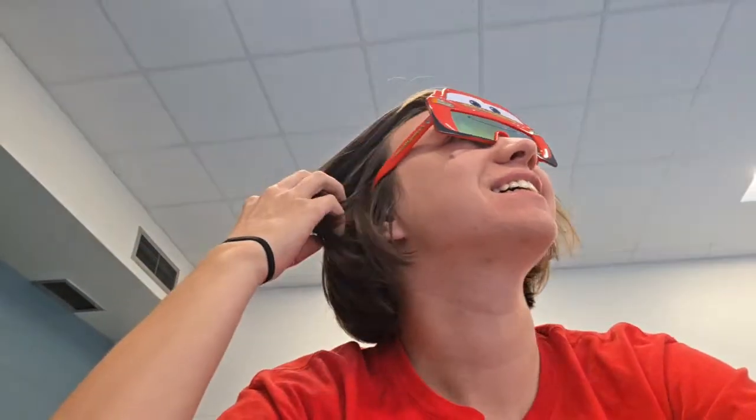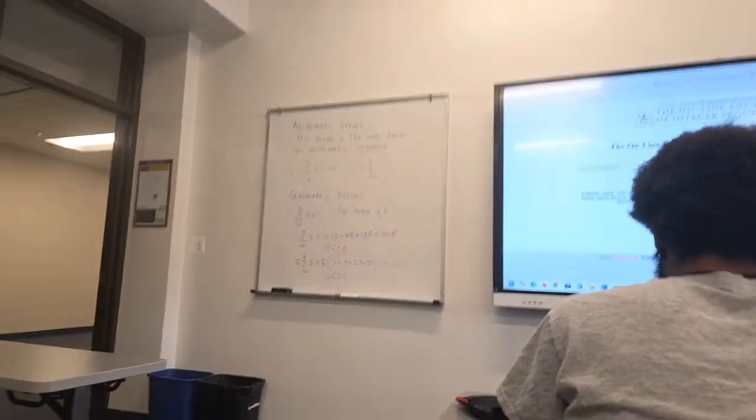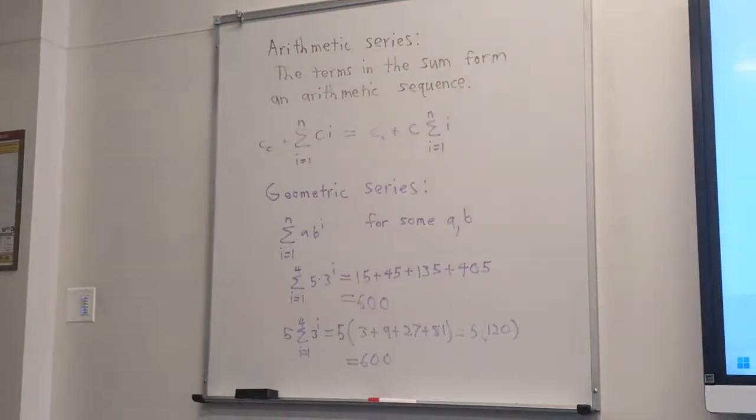So really, if I've got the sum of i equals 1 to 6 of 4i, that's going to be 4 plus 8 plus 12 plus 16 plus 20 plus 24, right? Go up by 4 each time.